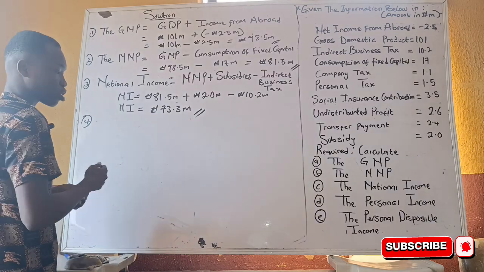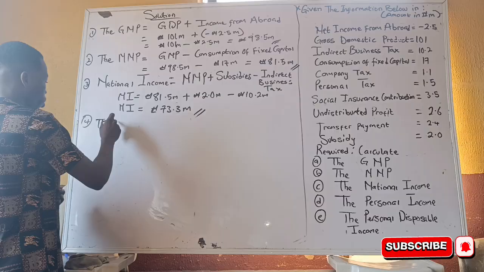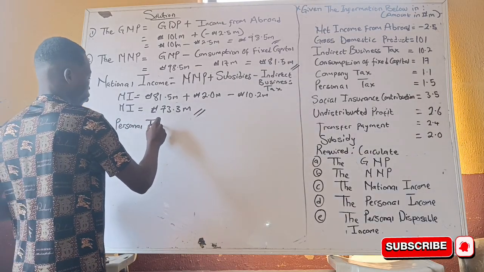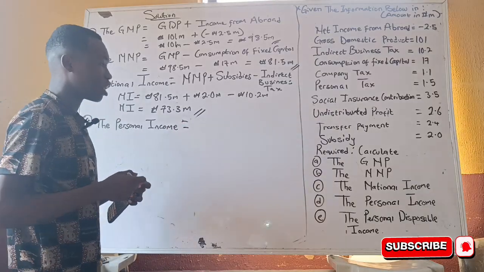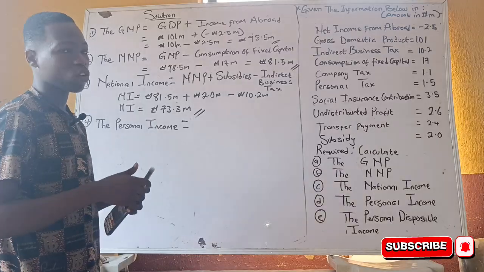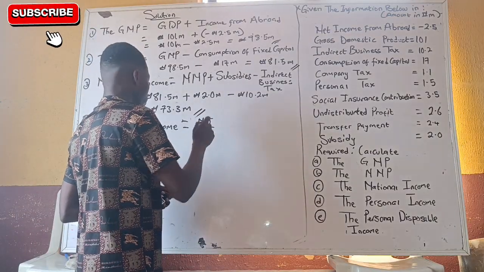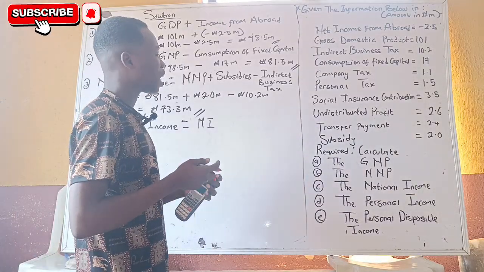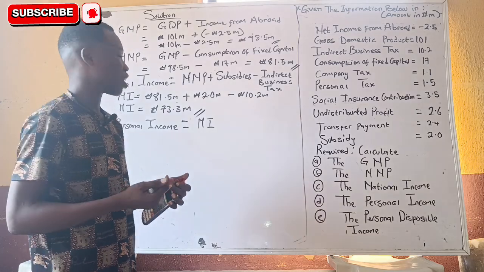Now let's move to the fourth question. We have to calculate the personal income. Personal income is also known as PI. Now to calculate the personal income, we start with our national income. There are some profits that are not distributed to the shareholders, right?